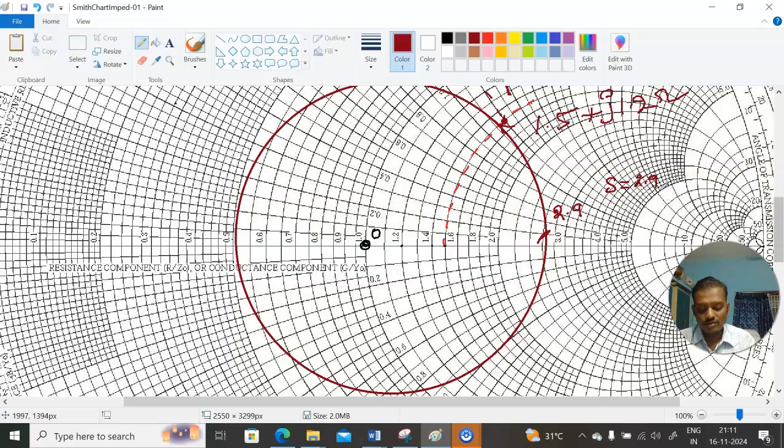Now we have to find the distance where we have to place the transformer so that we will get a smoother line.